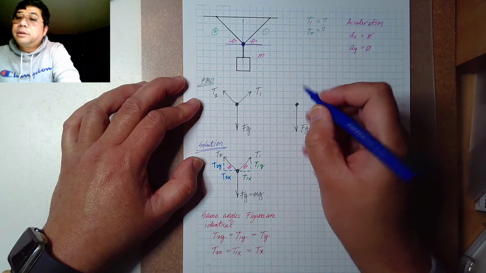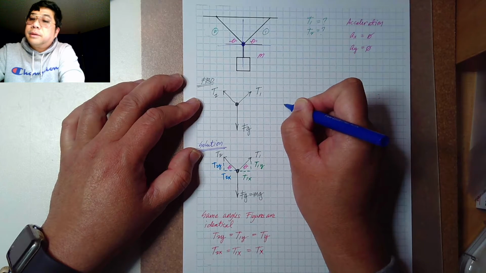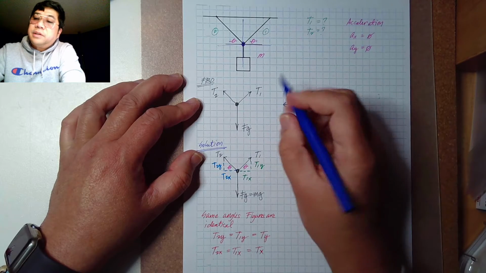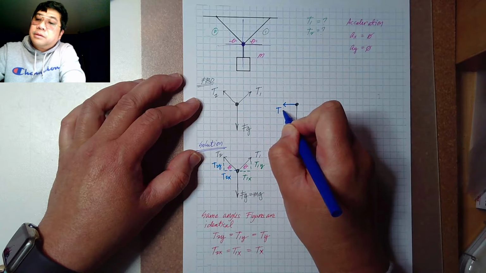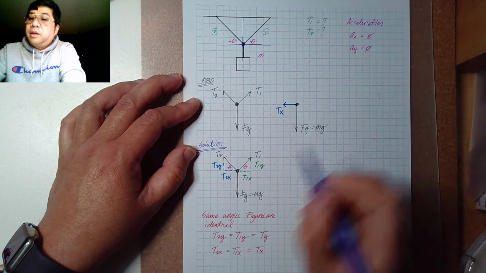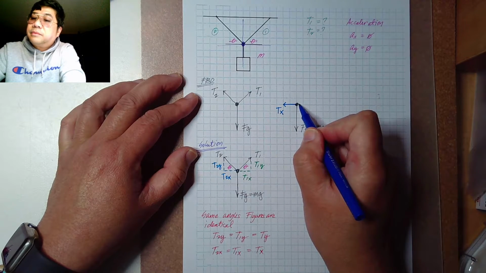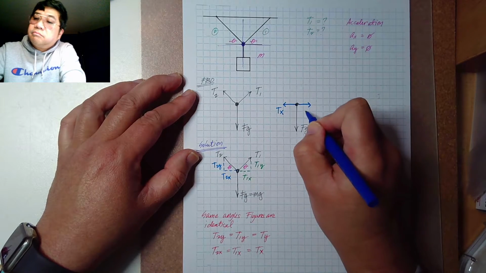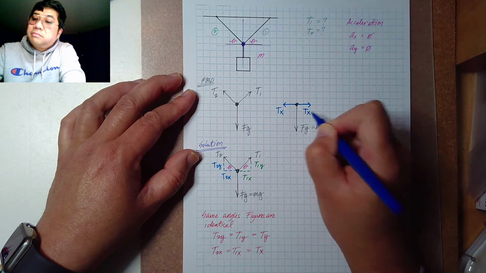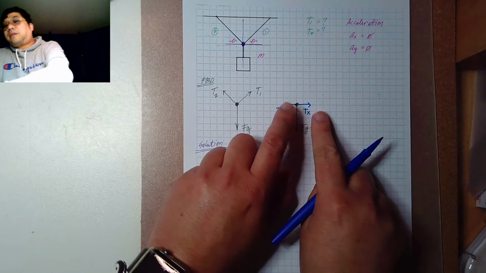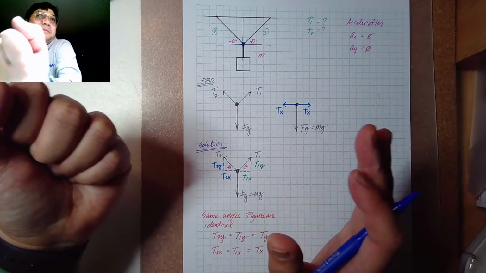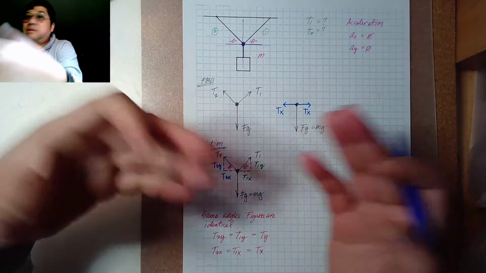So here are different components. I have this as t of x, and on this side we have t of x. And then when you subtract those forces, definitely we'll get 0. So they're equal. Okay, so t sub x, they're the same.